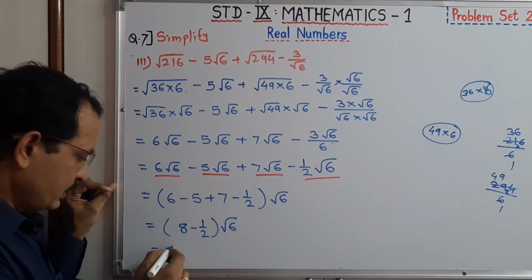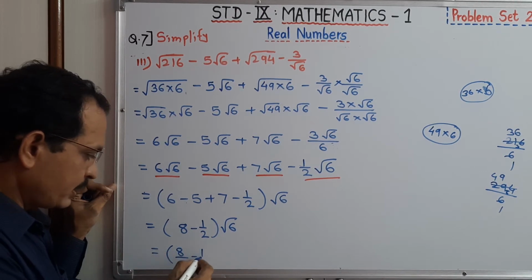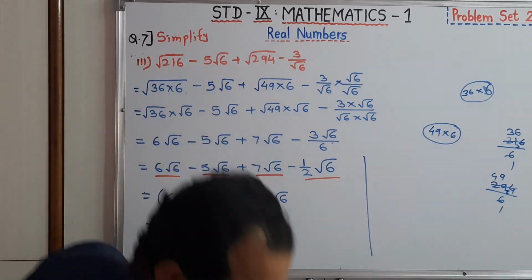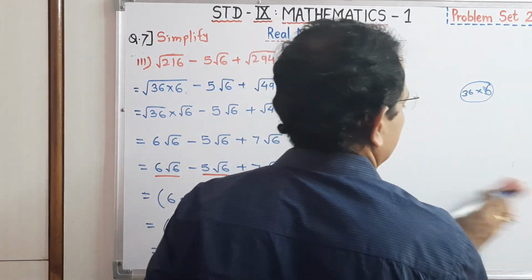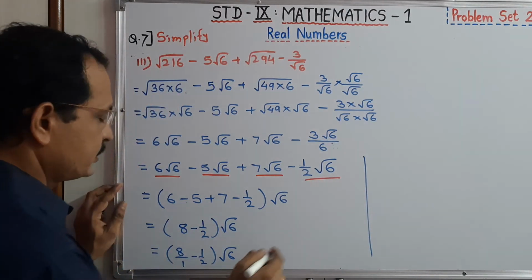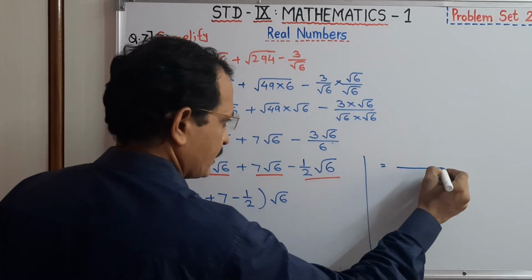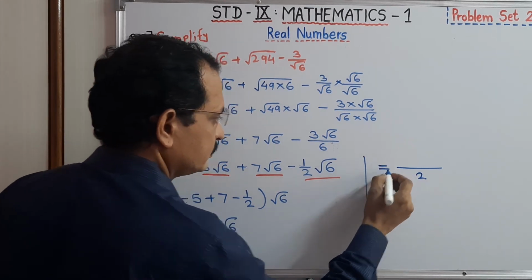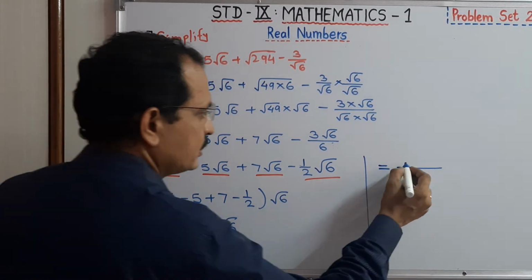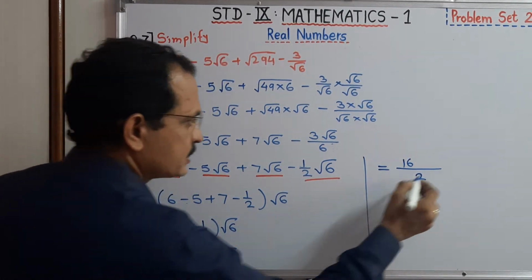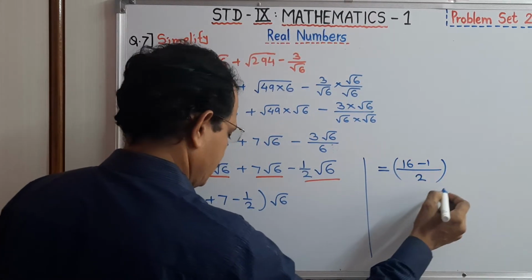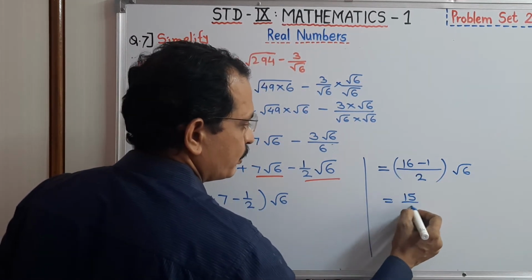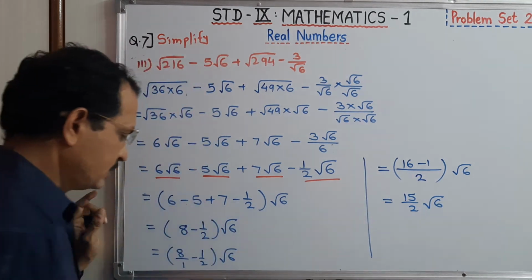Now same way, it is 8 upon 1 minus 1 upon 2 root 6. Now simplify this. 2 ones are 2, 8 twos are 16 minus 1 root 6. 16 minus 1, 15 upon 2 root 6.